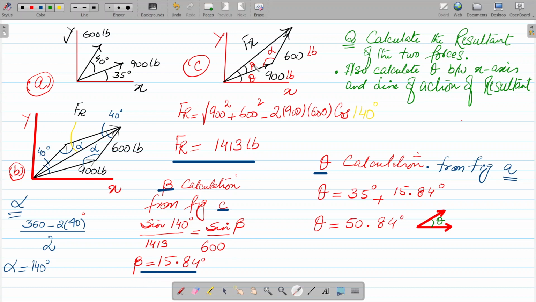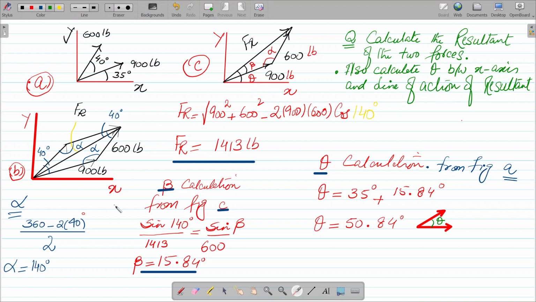Now we know this is our beta and this is our theta. In order to calculate theta, they have given us this angle, which is 35 degrees.